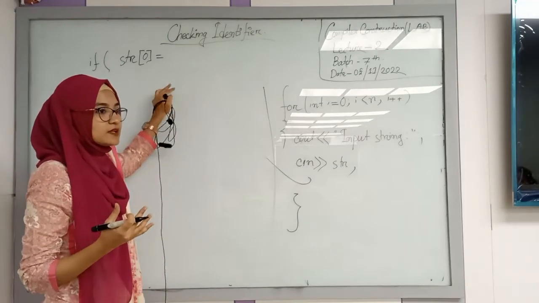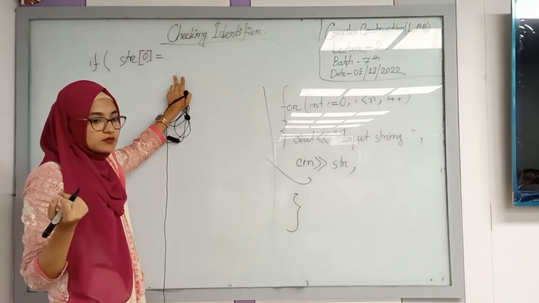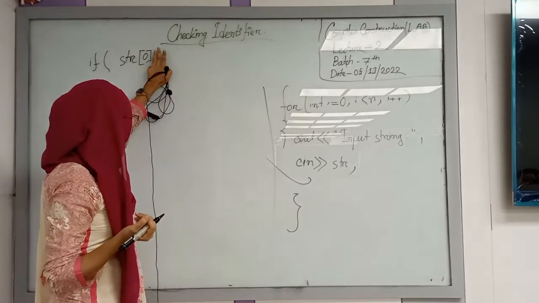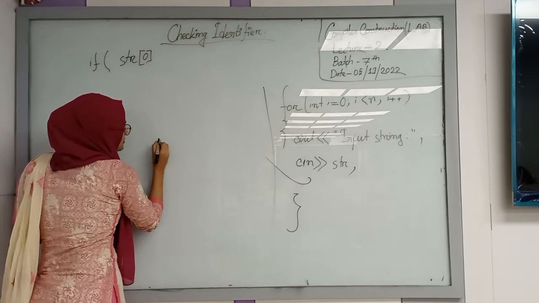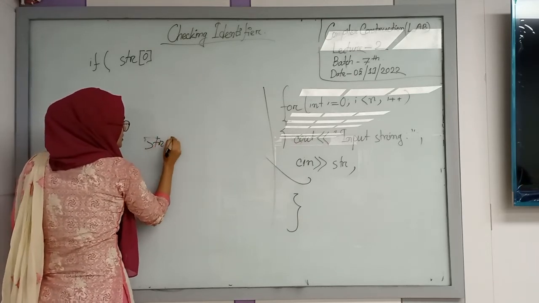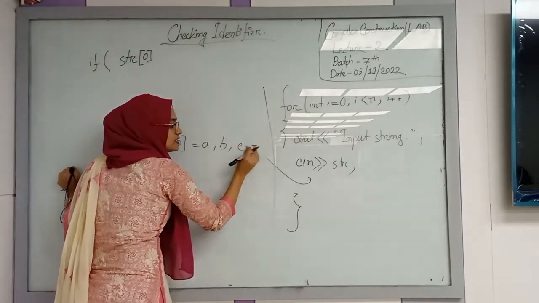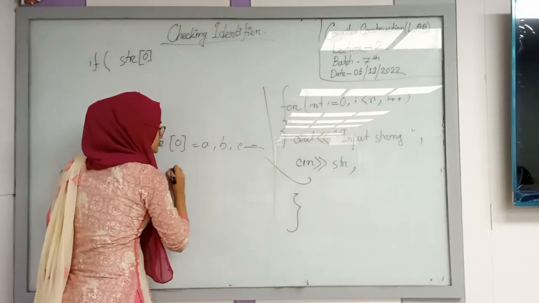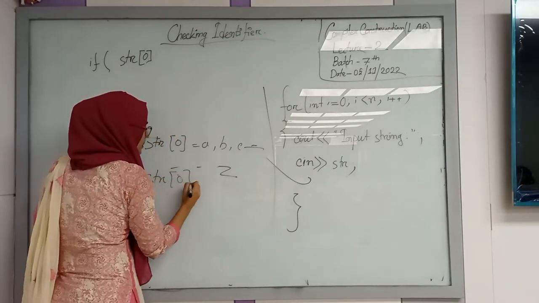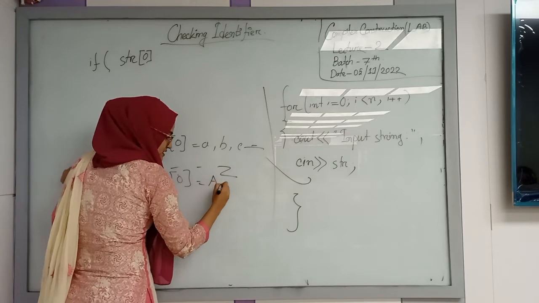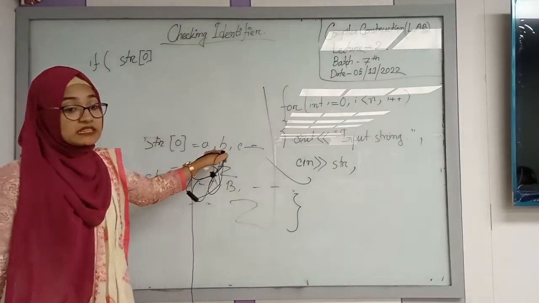Tell me, alphabet what? It can be uppercase or lowercase? Both. Actually, we need to check it. Let me tell you, str[0] can be equal to a, can be b, can be c, like this, from a to z. And it also can be capital A, B, dot dot dot Z. So we need to check everything.